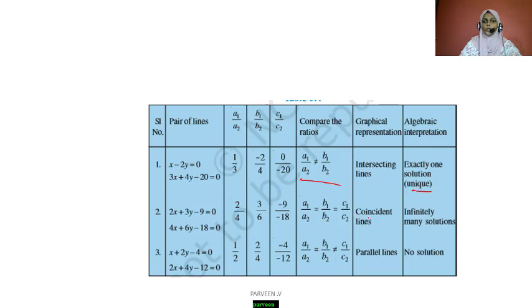If all the ratios are equal, it is coincident lines, infinitely many solutions. If a1 by a2 is equal to b1 by b2 but not equal to c1 by c2, they are going to have parallel lines and there is going to be no solution. It's a very important conclusion which you should know thoroughly. You'll be doing more problems based on that.